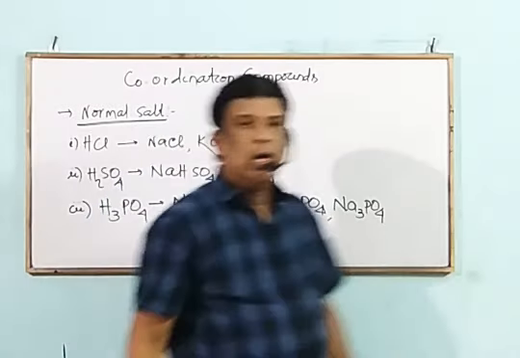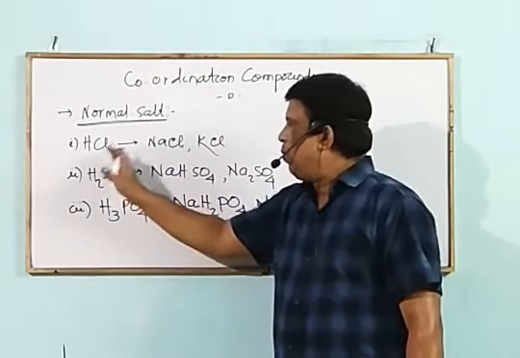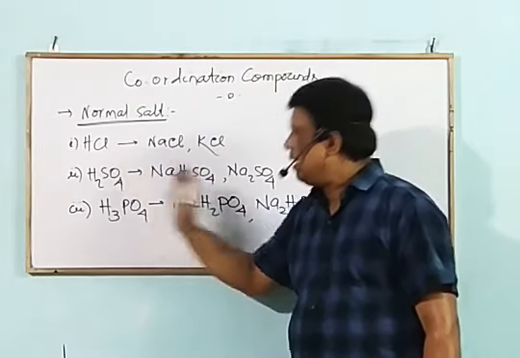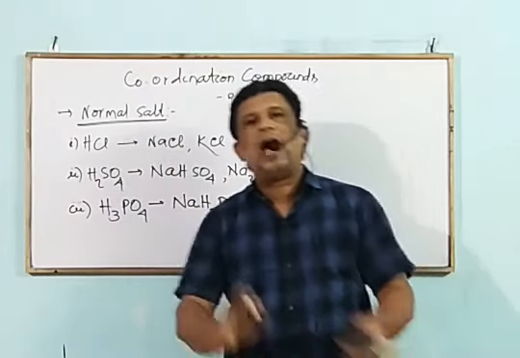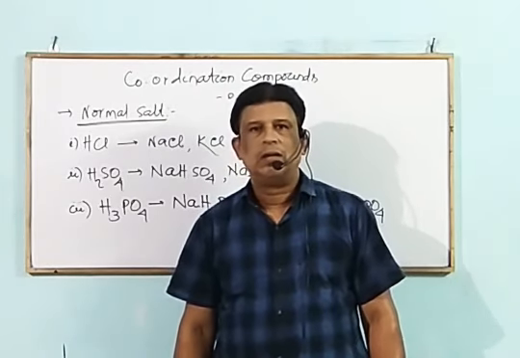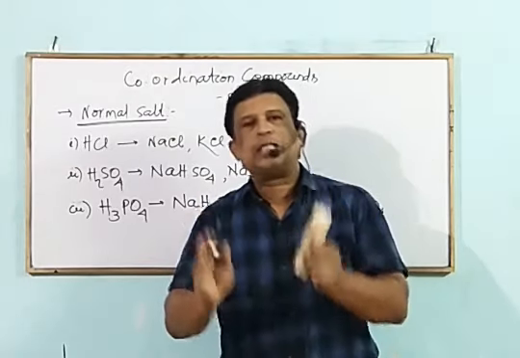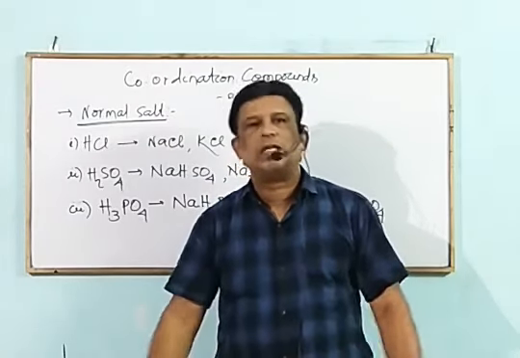Mark that. From this example, it is clear that the hydrogen atoms present in the acid are replaceable, but it is not always true. Always keep in your mind that the total number of H present in an acid are not always replaceable.